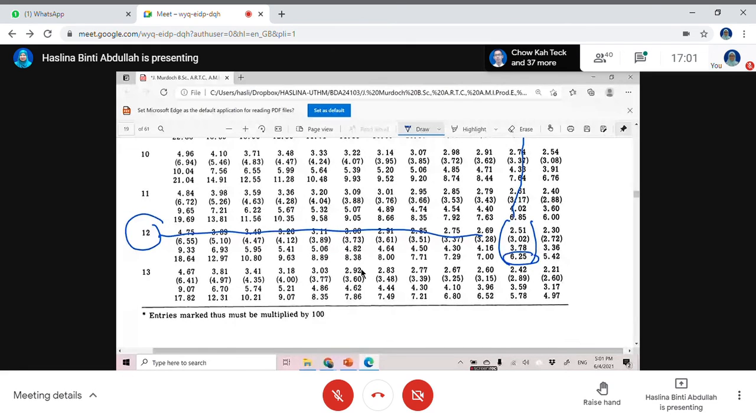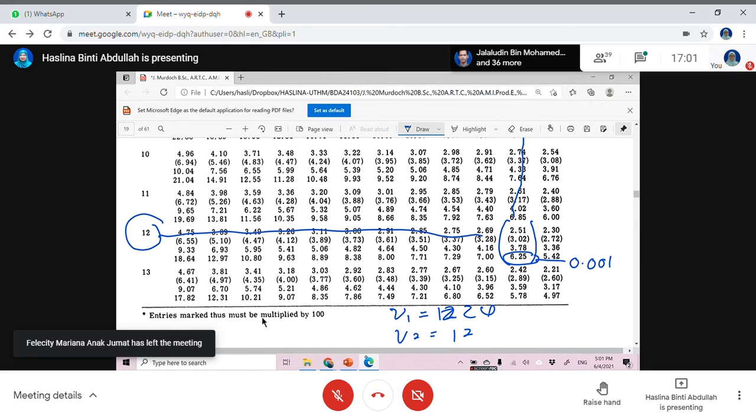Okay. 6.25. What is the value of alpha? Yes, good. 0.001. If I say degree of freedom for sample 1 is equal to 12, degree of freedom for sample 2 is equal to 24 and 12, and proportion is 2.51.